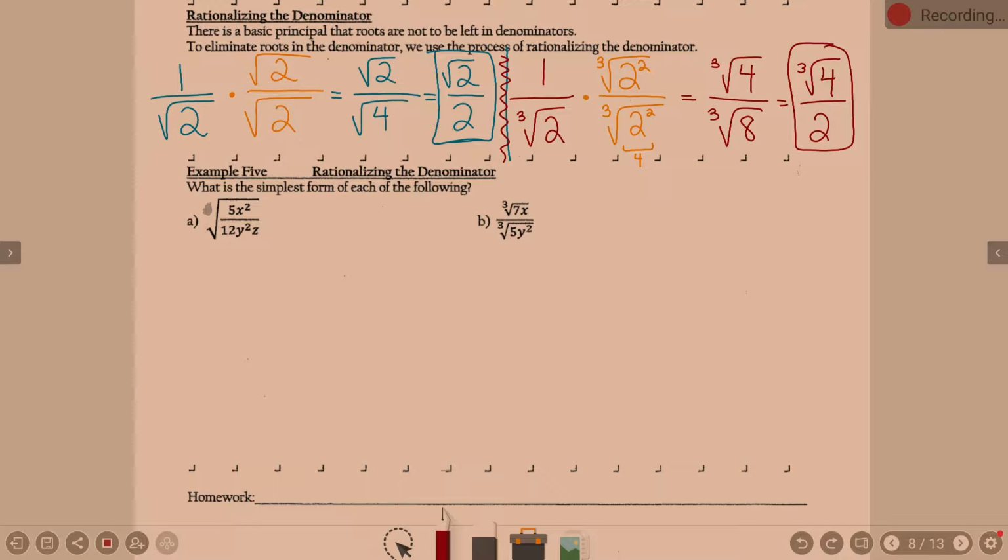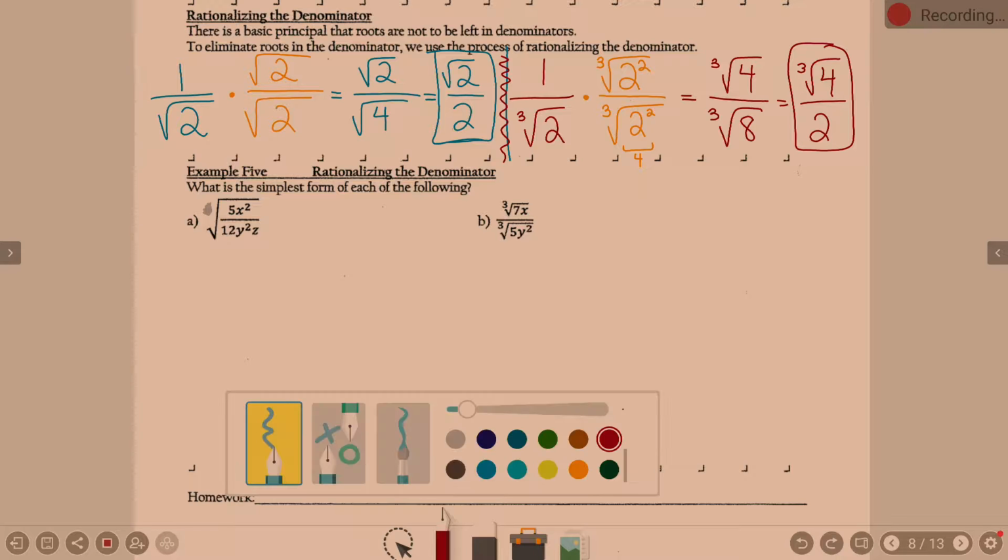Does anything divide? Nope, nothing divides. So I would start off by asking yourself, are there any perfect squares I'm going to be able to take? And that's what I would start off thinking here.